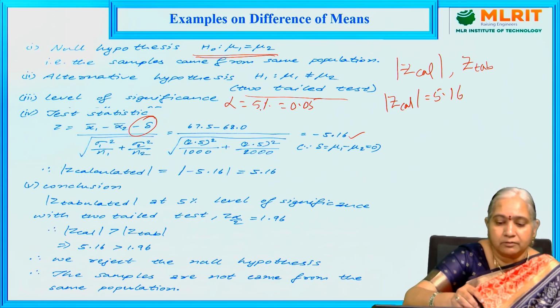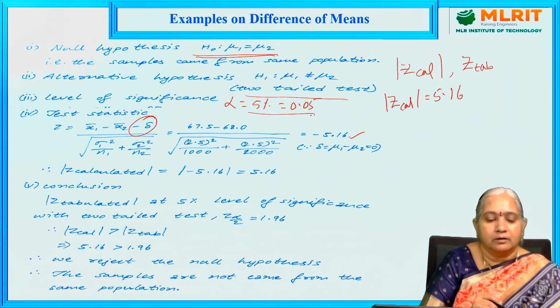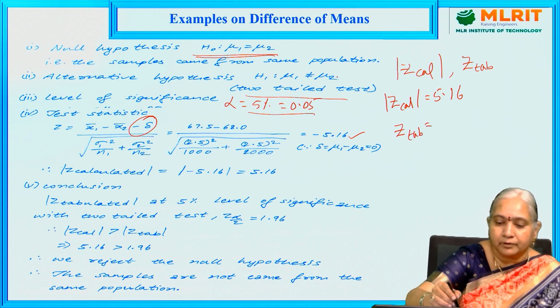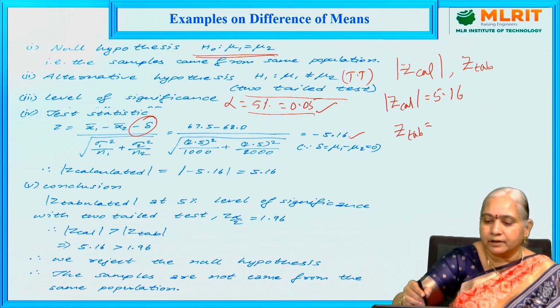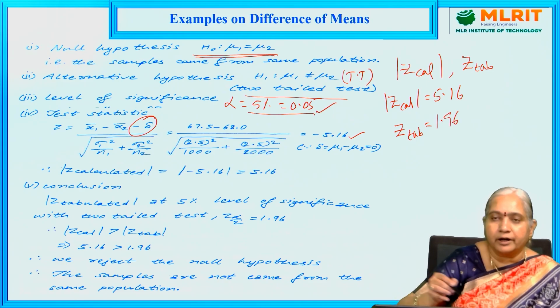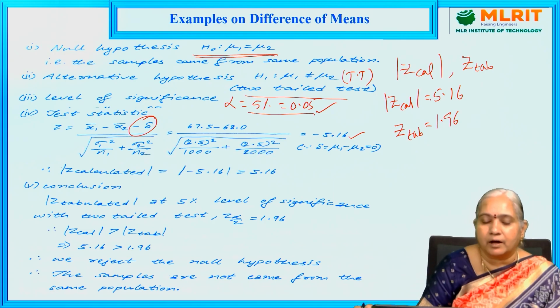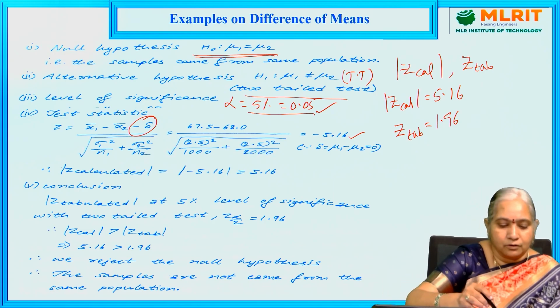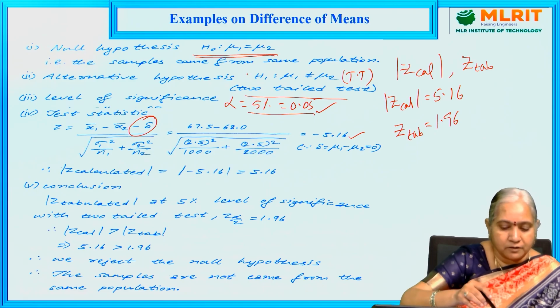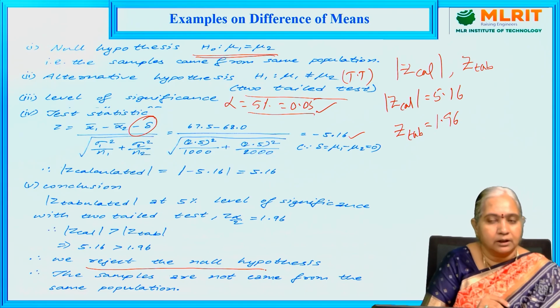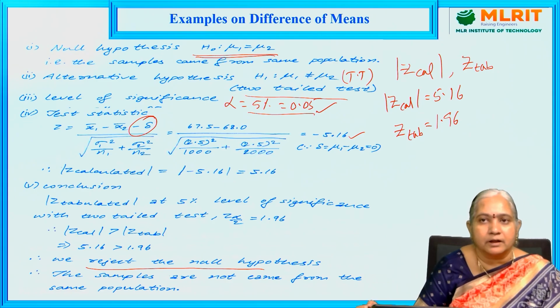What is the tabular value of Z for two-tailed? This is a two-tailed test. At 5% level of significance it is 1.96. So the calculated value is greater than the tabular value, so we reject the null hypothesis H0 at a 5% level of significance.